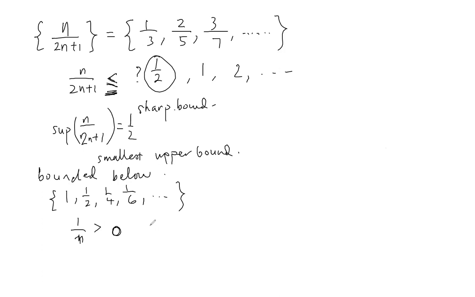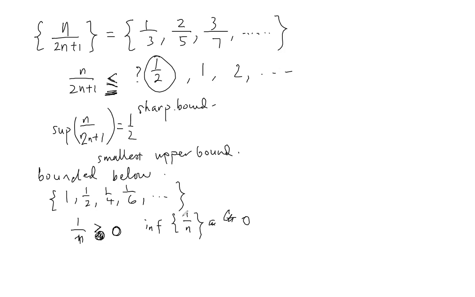So it is bounded from below. The equality sign is not necessary to be present. The equality is just to cover the case where it might actually be equal to the bound itself, but it doesn't have to be. In fact, in this case, the infimum of 1 over n is equal to 0.